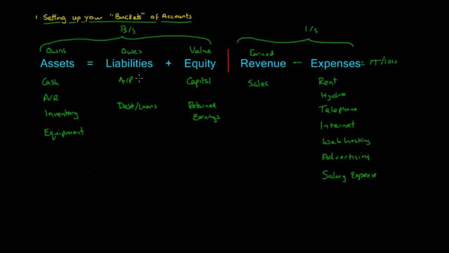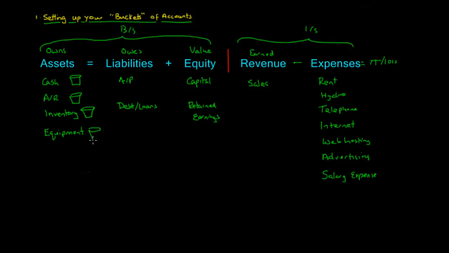So as you can see here, we have various different types of accounts, and it's useful to think of each of these accounts as a bucket. So for example, there's a bucket for cash, there's one for accounts receivable, inventory, and equipment.